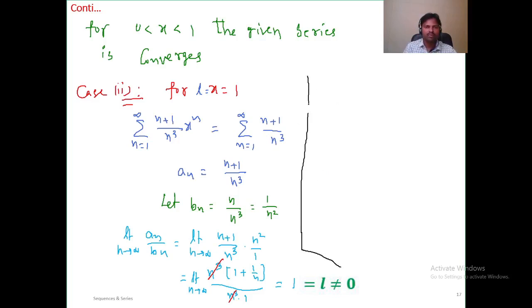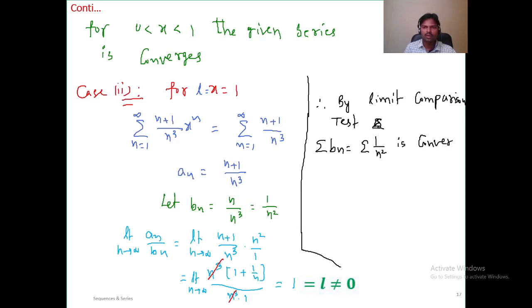So therefore by limit comparison test, series Bn, which is series 1 upon n square, converges by p series test, right?